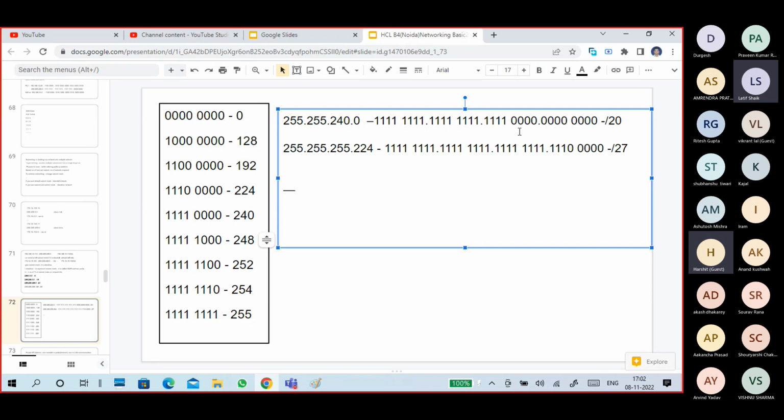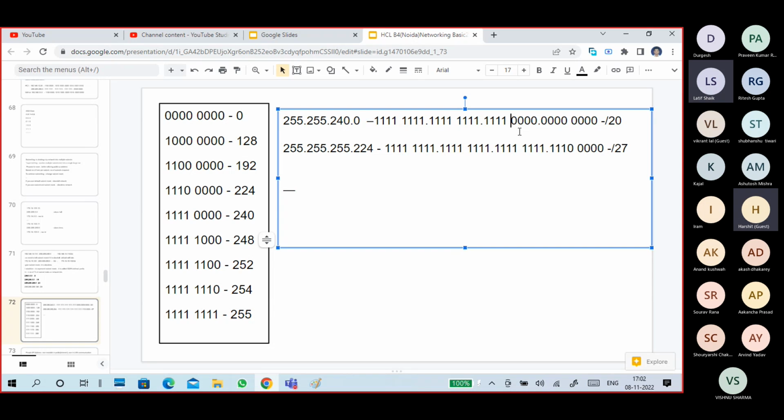So you have to get 2 to the power of 12 kind of thing, actually 2 to the power of 13 minus 2. 2 to the power of 10 is 1024. 2 to the power of 11 is 2048. 2 to the power of 12 is 4096. 2 to the power of 13 is 8192. So almost 8190 devices can connect in this subnet.